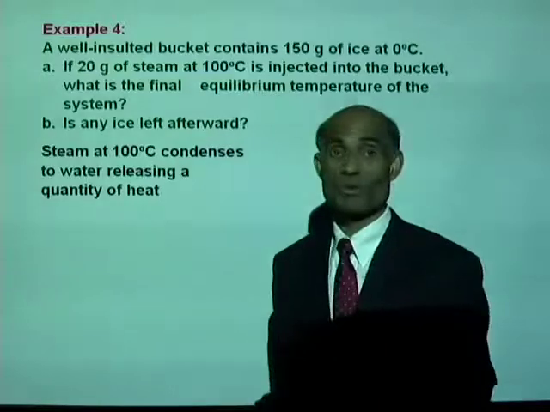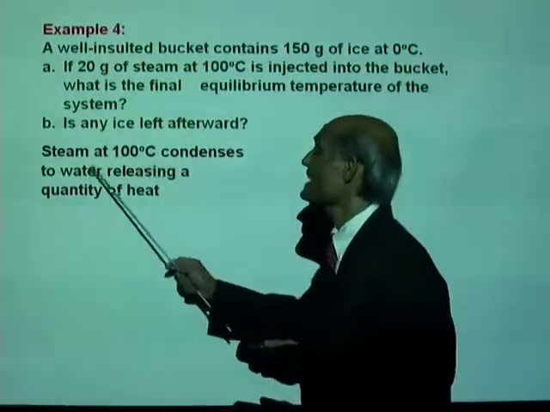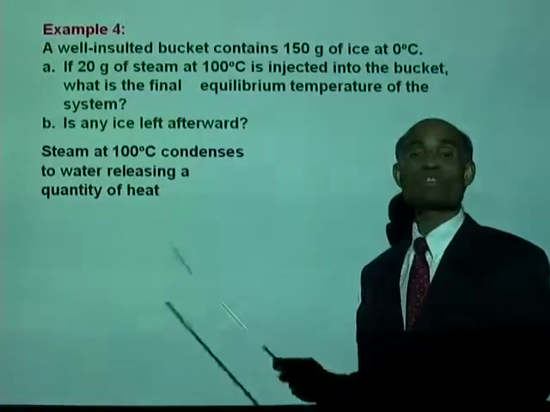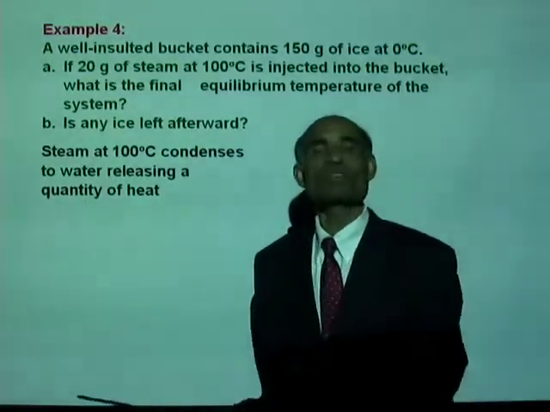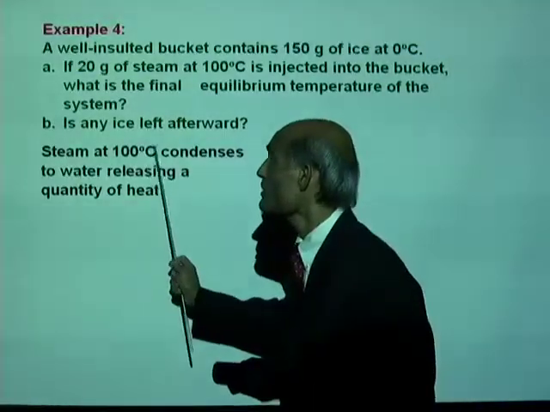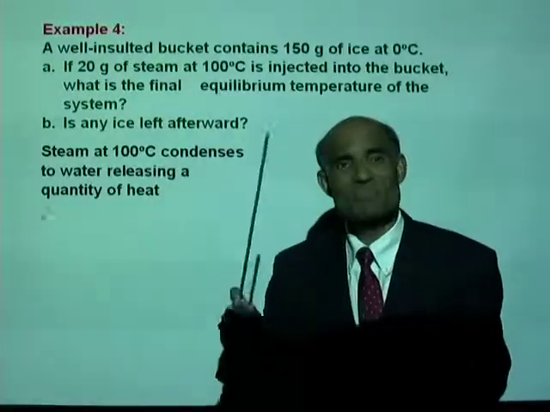Okay, let's start. Steam at 100 degrees Celsius condenses to water, releasing a quantity of heat. What is the quantity of heat released by steam at 100 degrees Celsius when it condenses to water at the same temperature?